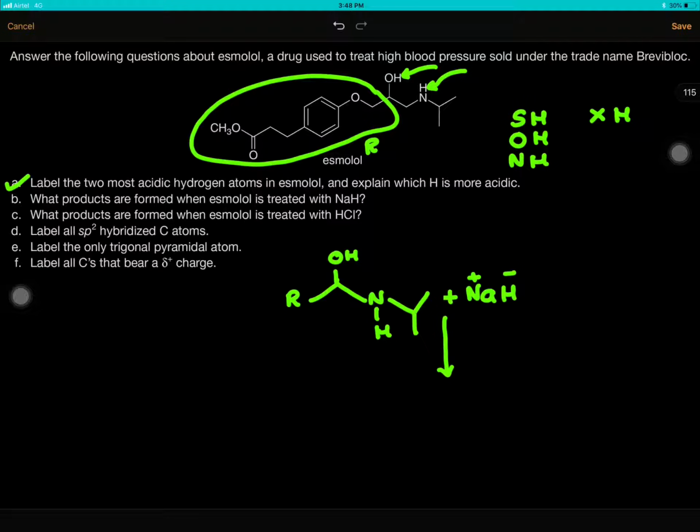which contains H minus, basically this H minus is a very powerful base. So what will it do? It will just remove the most acidic hydrogen that is attached with the oxygen and form H2 gas.